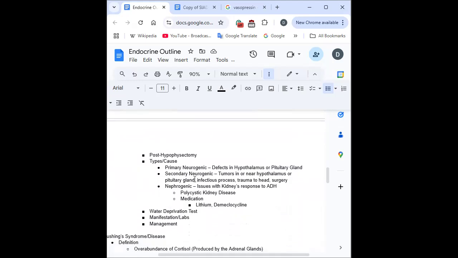And there are different types here. Again, just get a general idea. Just know how you can have issues with the ADH. Having a congenital cause, so a birth defect, and otherwise from having a tumor in that area, affecting the ability of your hypothalamus or pituitary gland to make the ADH.